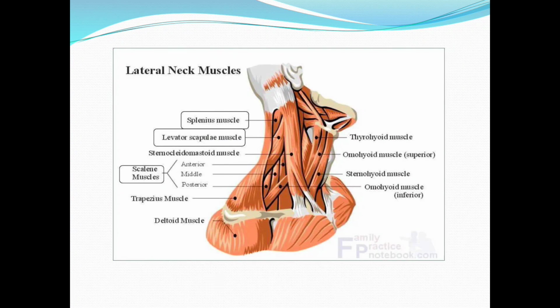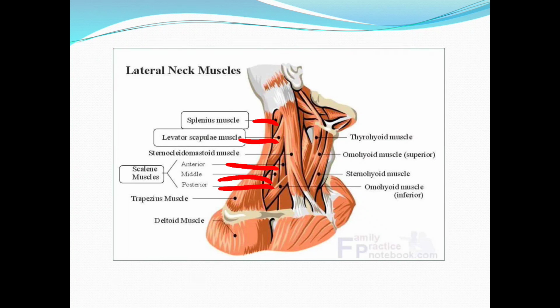Now here in this picture you can see the floor of the posterior triangle. From above downwards you can see splenius capitis, then levator scapulae, then the scalenus muscle, anterior, middle and posterior.